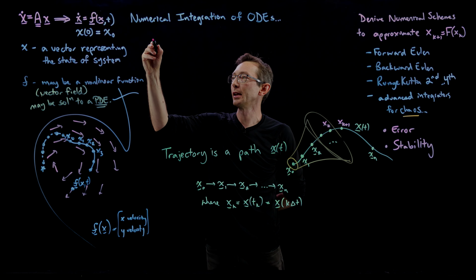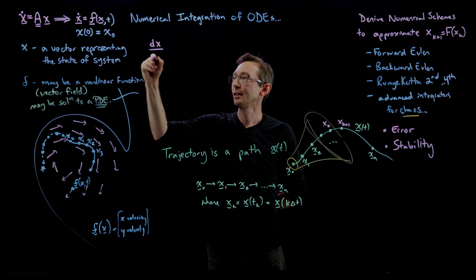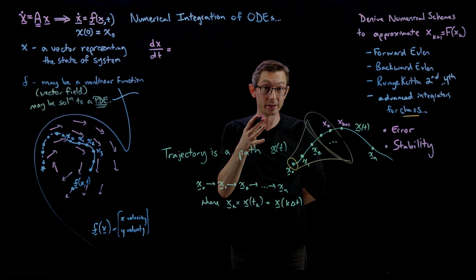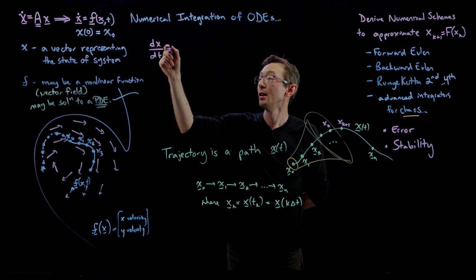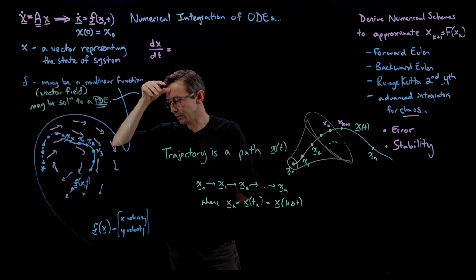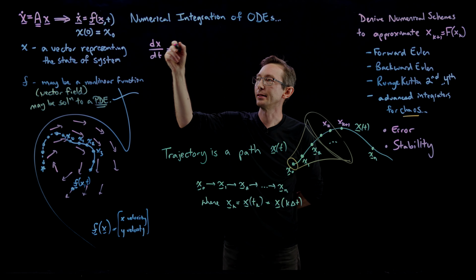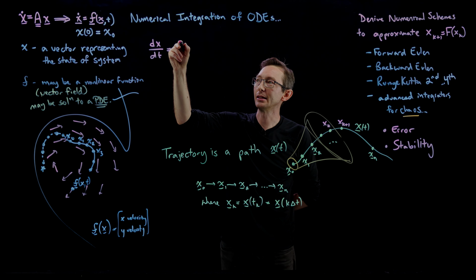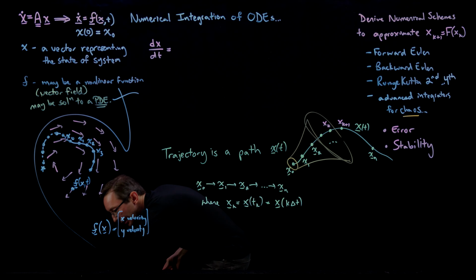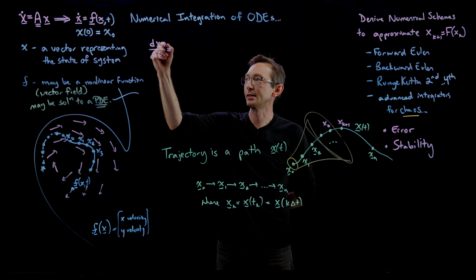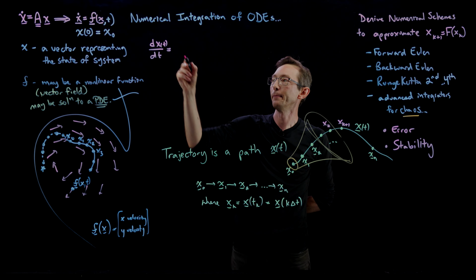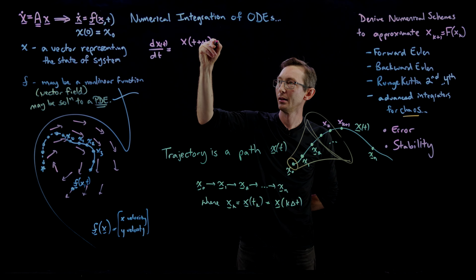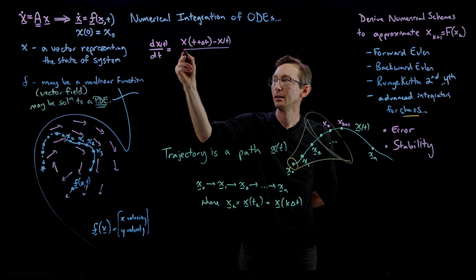What we're going to do is take our dx/dt, and again, remember that this is approximately equal to the finite difference derivative that I showed you in the last few lectures. So what I can do is say that my derivative, x dot, is approximately equal, at some time t, the derivative of x of t is going to be x at time t plus delta t minus x at time t, divided by delta t.